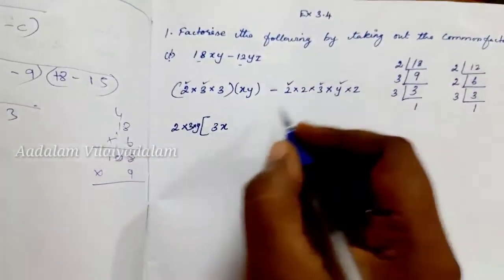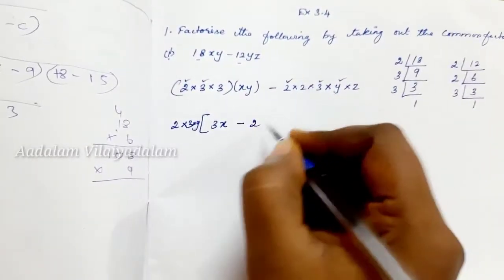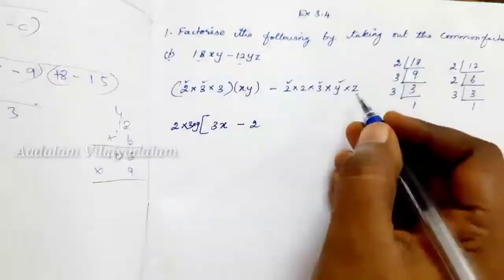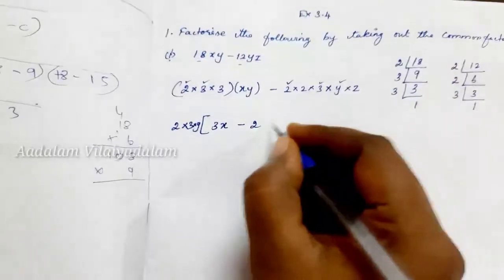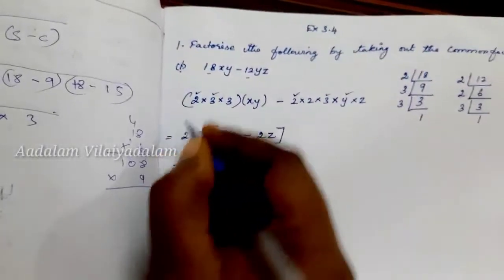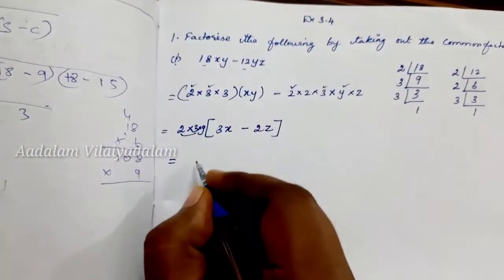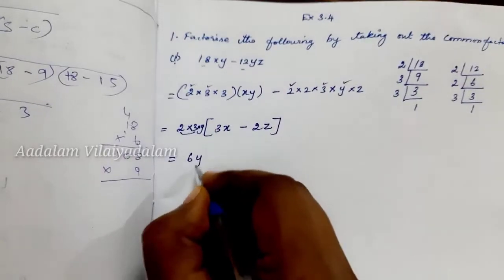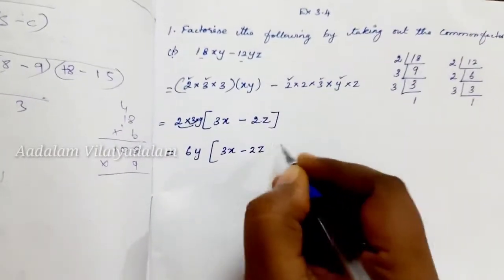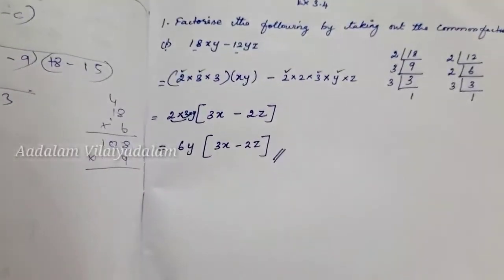Then the remaining terms: one 2 will be here, the 3 has been taken out, the y has also been taken out, then the remaining is 2z. Now the answer is 2 3s are 6y, (3x minus 2z) is the right answer for this subdivision.